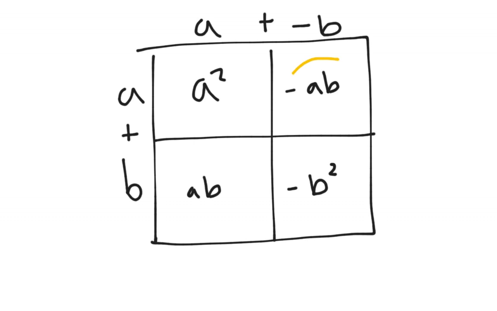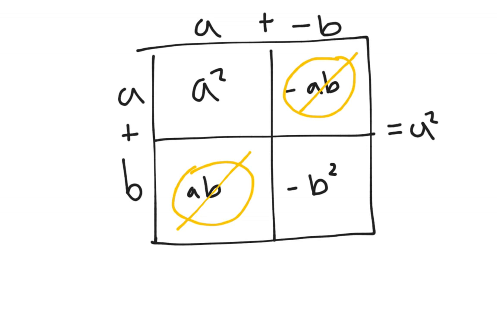And now notice that I have a minus ab and a plus ab, which are going to cancel each other out when I add them together. That means my total area is a squared minus b squared, just as the formula said.